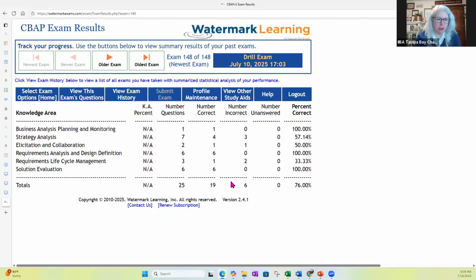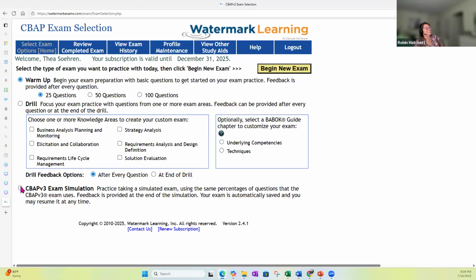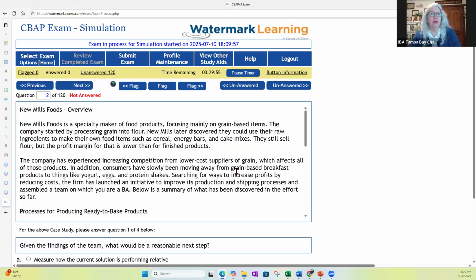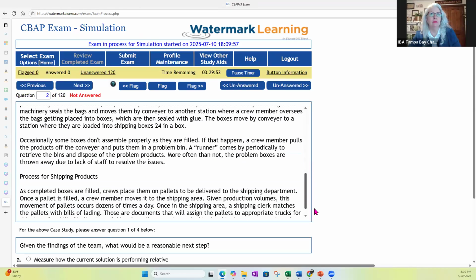Does anybody have any questions? Oh, I have. I tried in this simulator the option to simulate the exam, and there are very long questions, which never happen when we try this warm-up. So the very long questions are going to be similar to what you're seeing in the test, like this one.